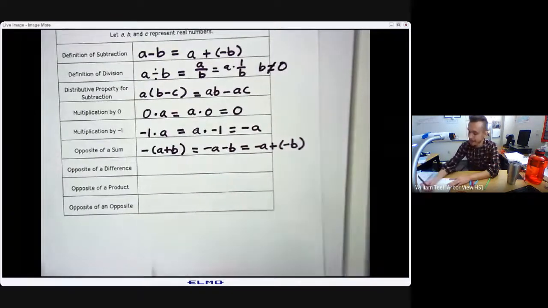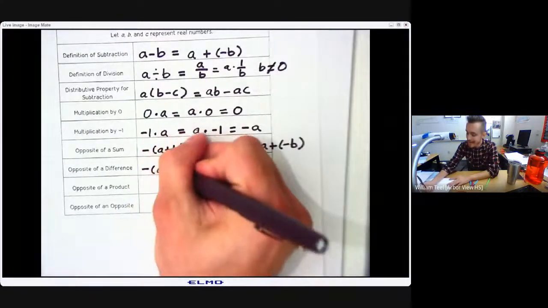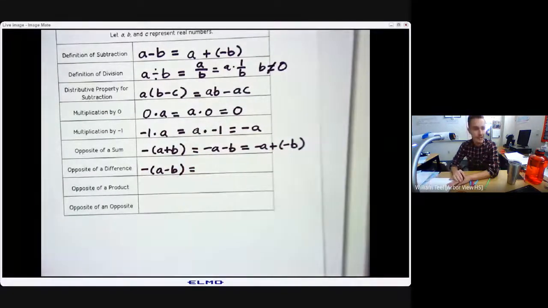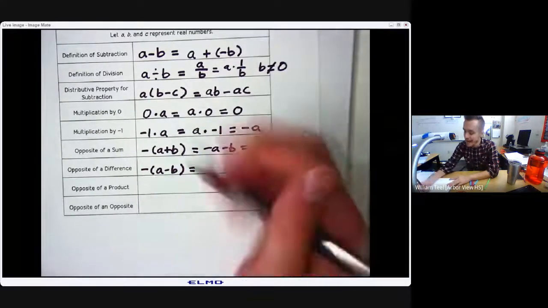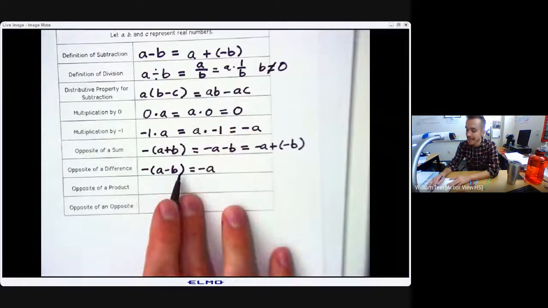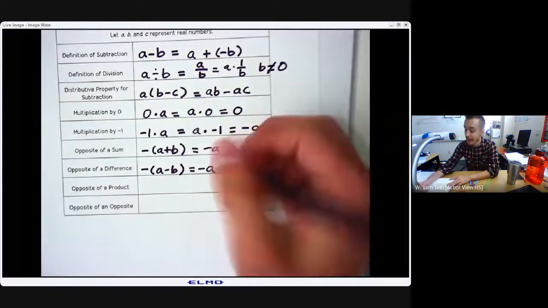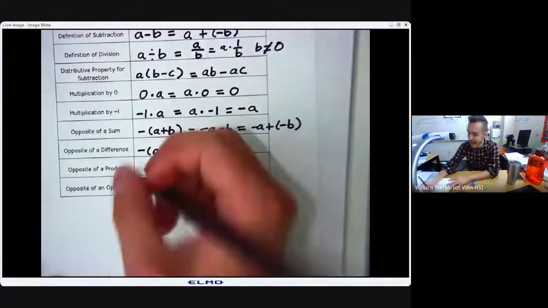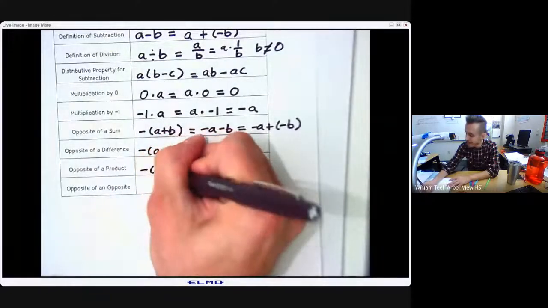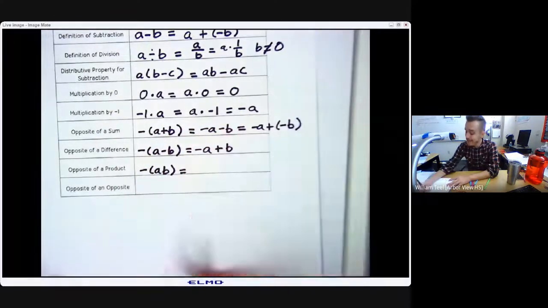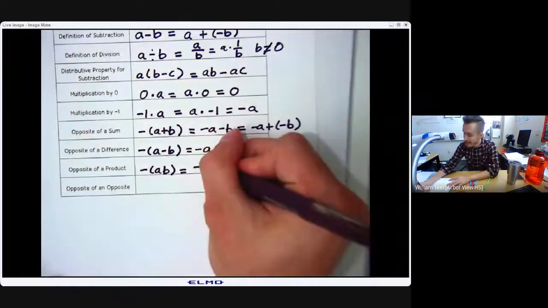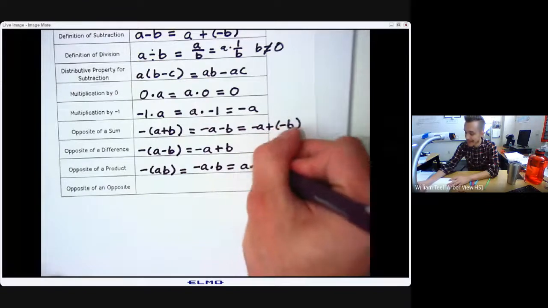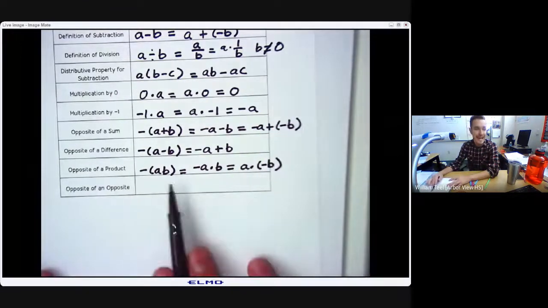Opposite of a difference, if we have negative A minus B, we're taking the opposite of the difference of two numbers. What we can do here is we can distribute this negative into the parentheses. I have negative A, and then negative times negative B, negative 1 times the negative is going to be a positive plus B. Opposite of a product, if I have negative A times B, I can rewrite that as negative AB, or negative A times B, which can also be written as A times negative B. That negative can be attached to any of the terms.